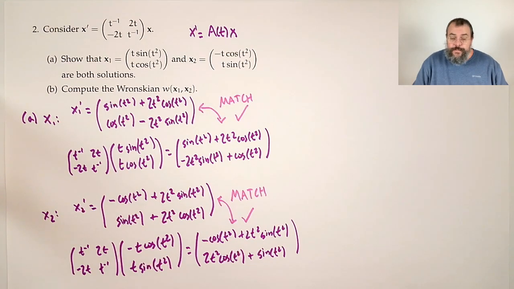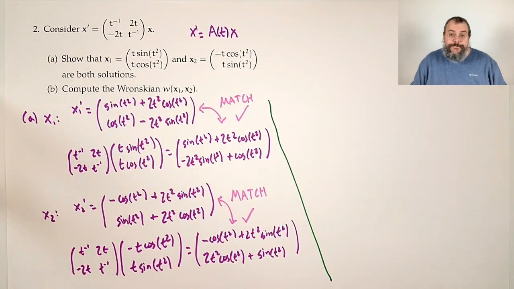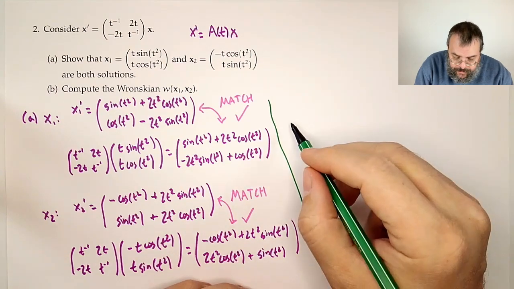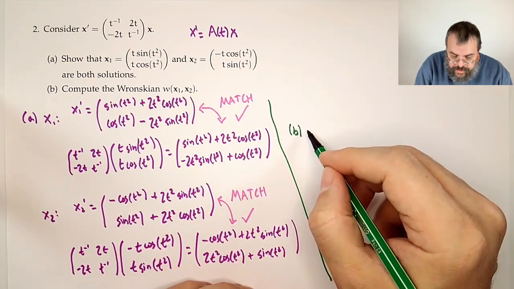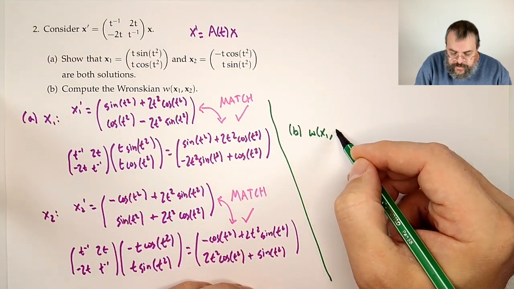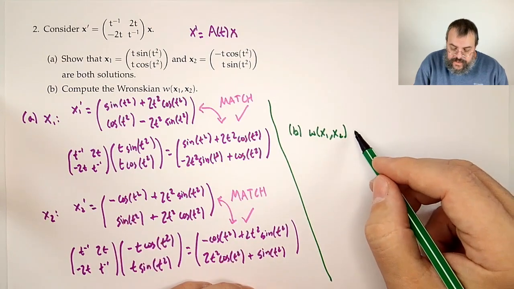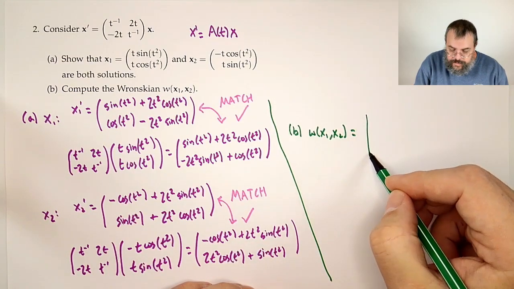Okay, so now we're ready to do part B, which says, hey, there's this idea called the Wronskian. And so we're going to compute the Wronskian. And the Wronskian is actually really clean when we're doing it for these problems. With the Wronskian of our functions, there's really not any derivatives involved. It just says put them in. So we're going to put them in.